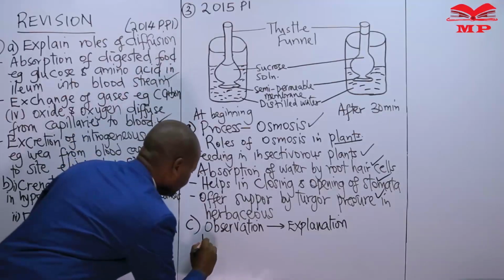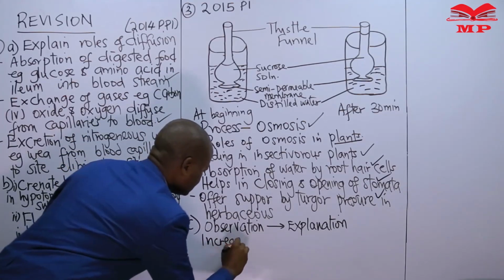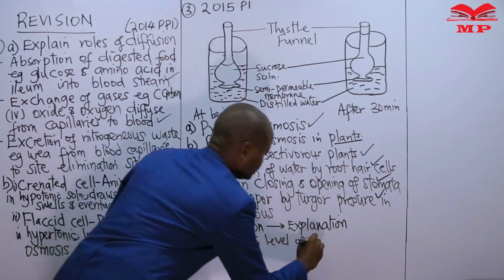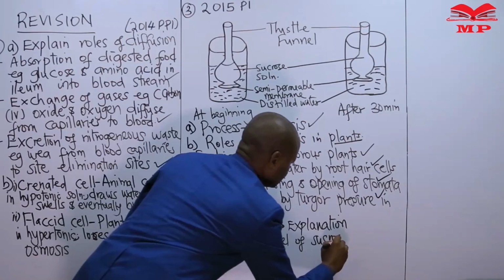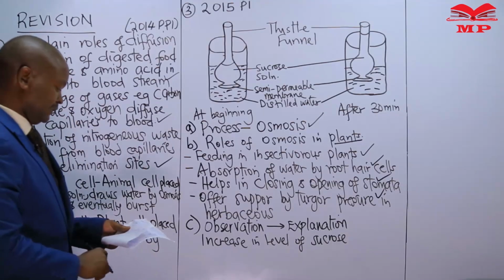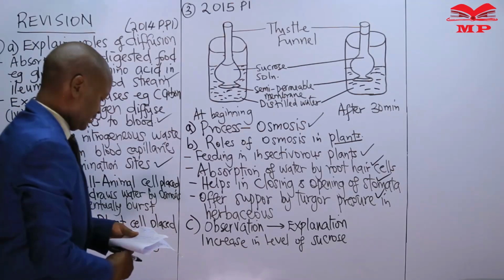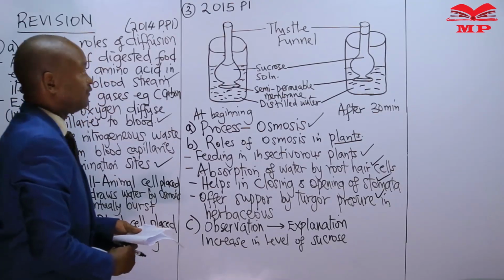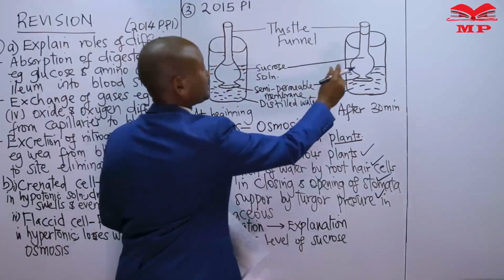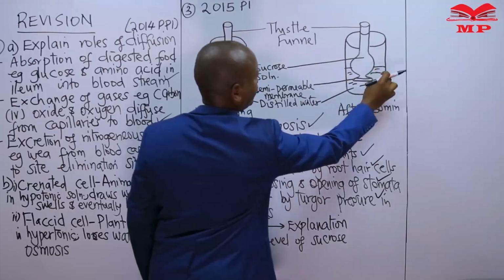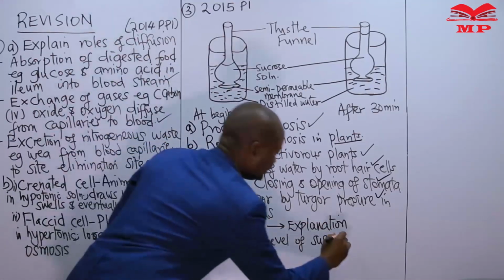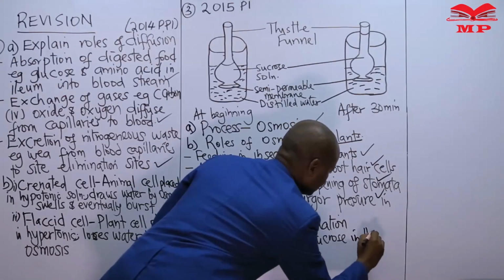So that one, increase in level of sucrose. That is one observation that we have made. Then we must also indicate in which part, because there are two apparatus. We have a thistle funnel and we have a beaker. So the increase in the level of sucrose in the thistle funnel.